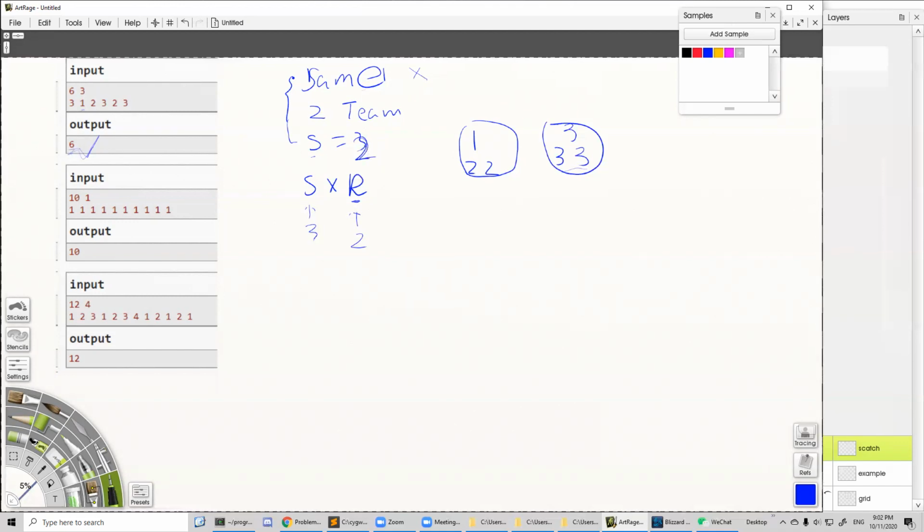So that is not going to happen. What about S equals 4? In that case, we still only need 2 buses, right? And each of them costs 4 now. So the total cost is 8. It's bigger than this one. So still, the optimal answer is 6.